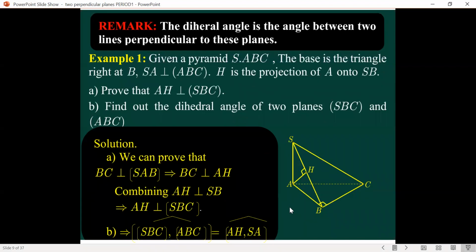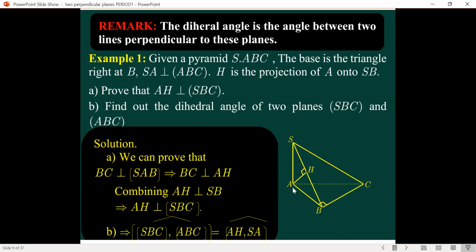We move to the solution of example 1. Question A. To prove AH is perpendicular to plane SBC, we show that plane SBC has two intersecting lines that are perpendicular to AH.